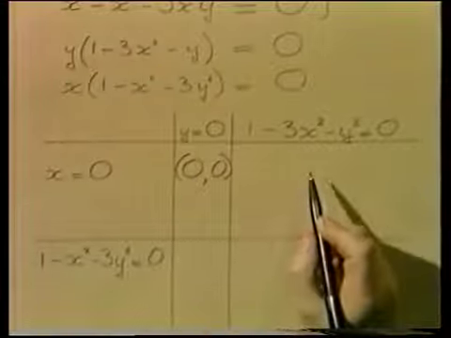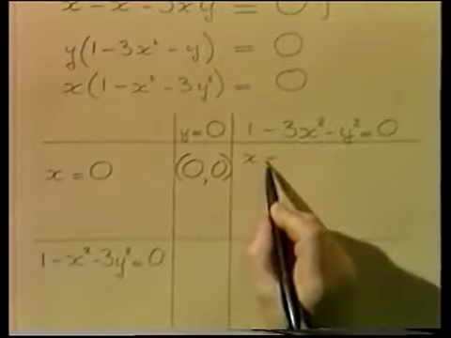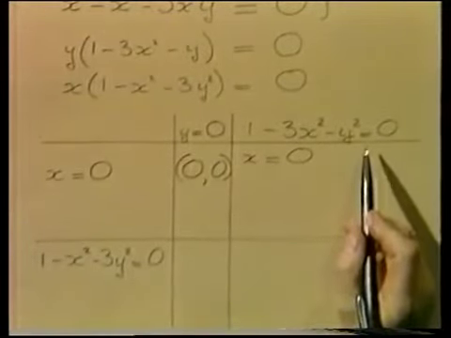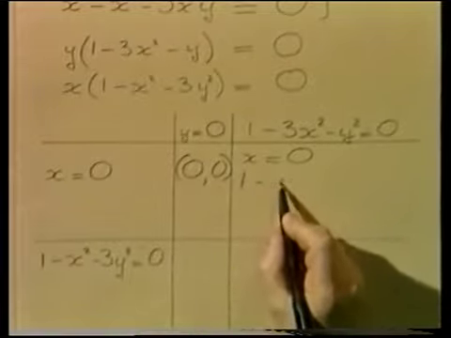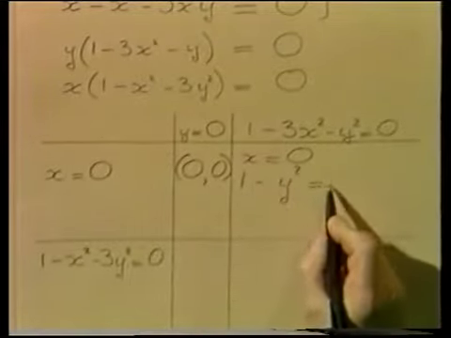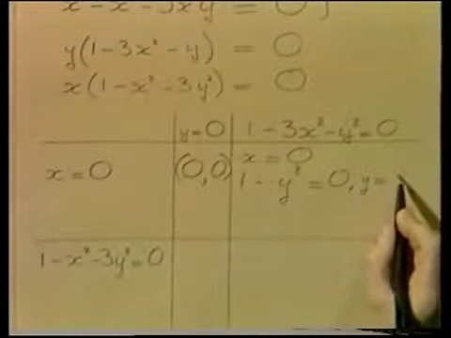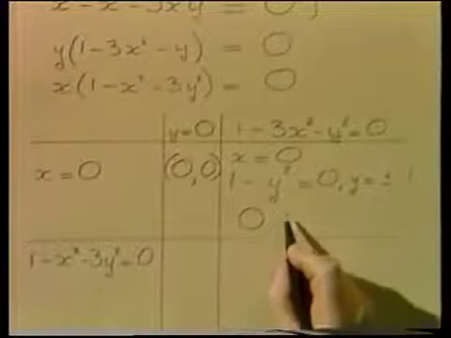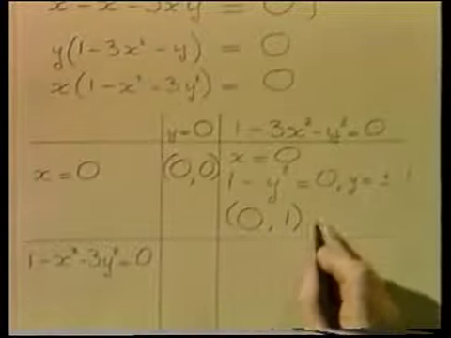Now, in the second case, x is 0, and substituting for x in the top equation, we have that 1 minus y squared must equal 0. In other words, y is plus or minus 1. This means that we have another two stationary points, (0, 1) and (0, -1).